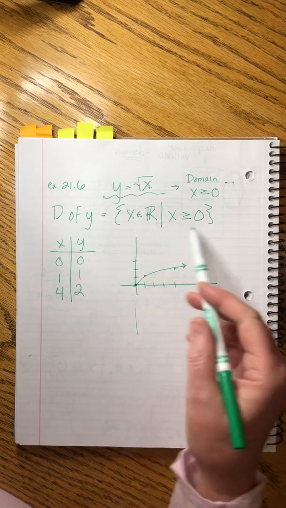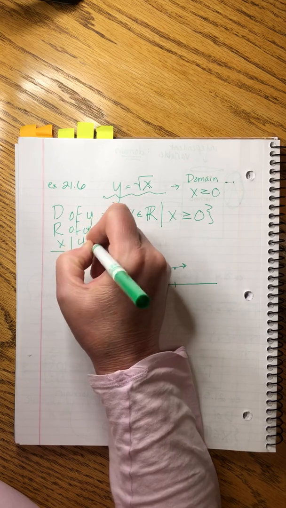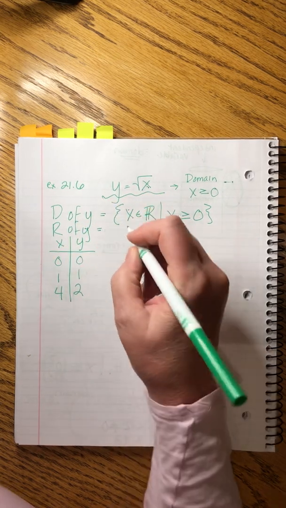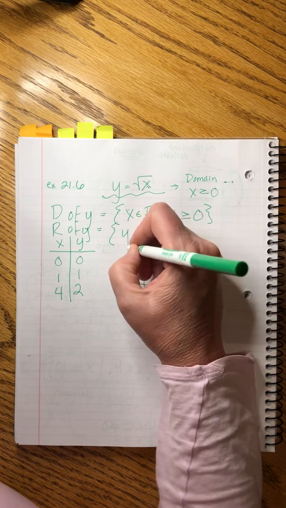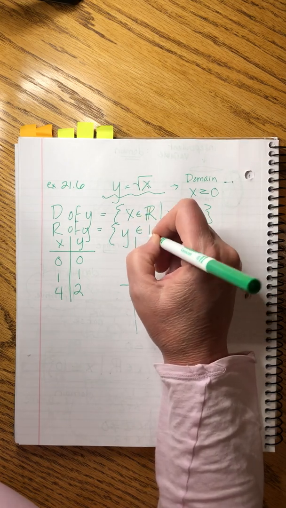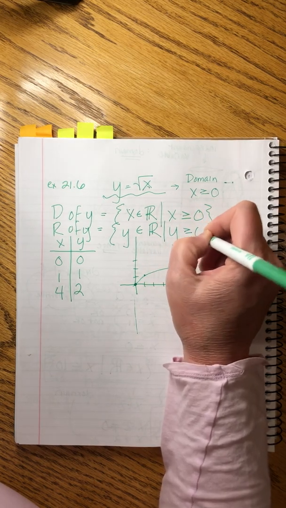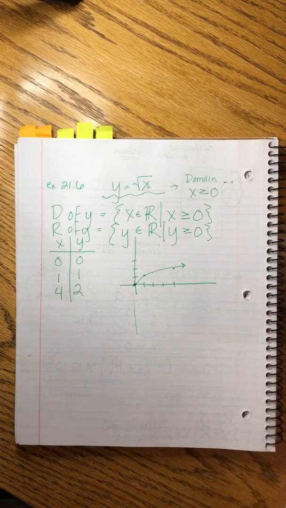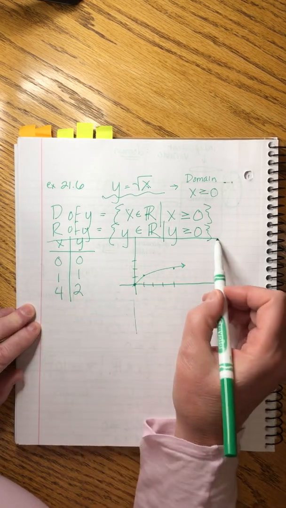So we can say that the range of this y function equals that y is also going to be an element of the real numbers such that y is always greater than or equal to 0.